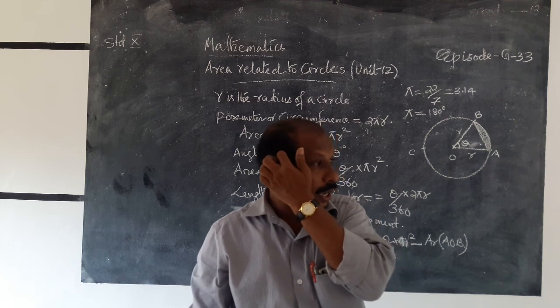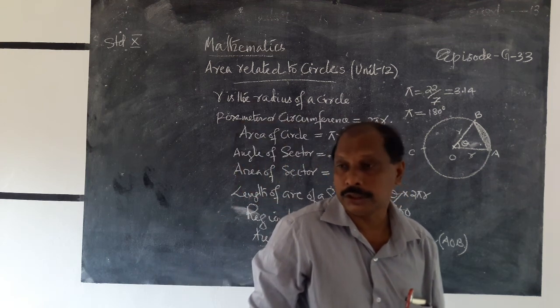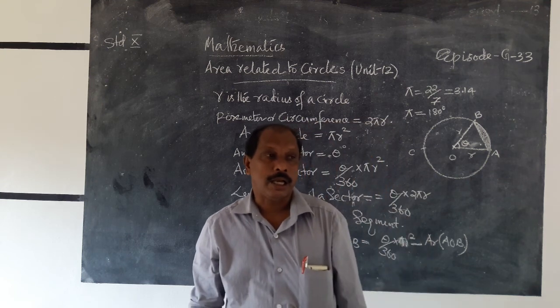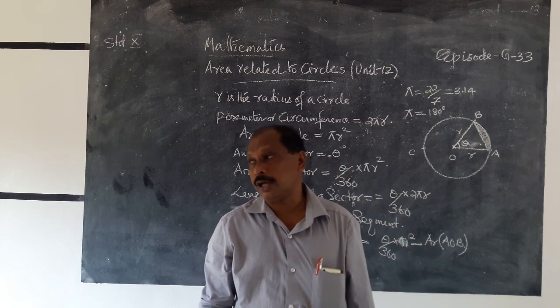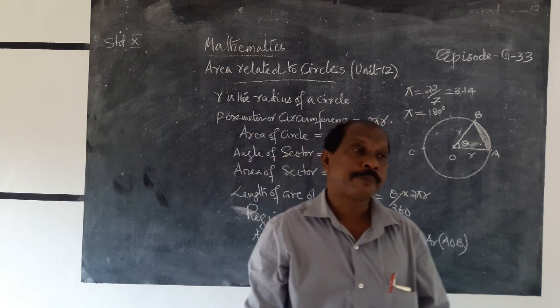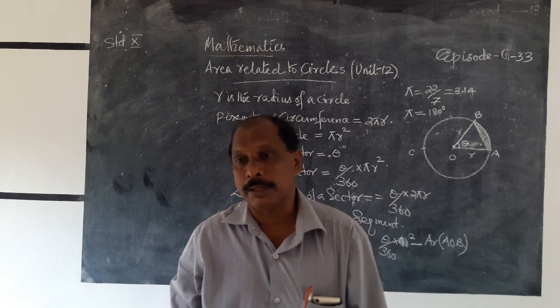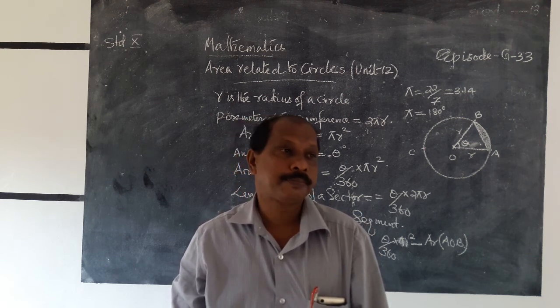Then we know that theta is the angle made by that sector or arc with the center. Therefore, the area of the sector with angle theta is theta by 360 into pi r square, and the length of the arc of the sector is theta by 360 into 2 pi r.